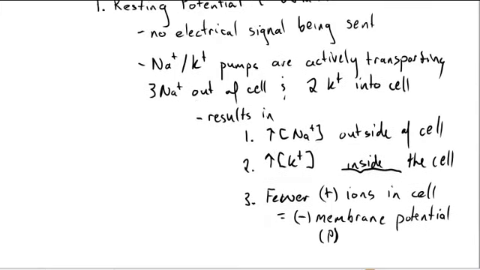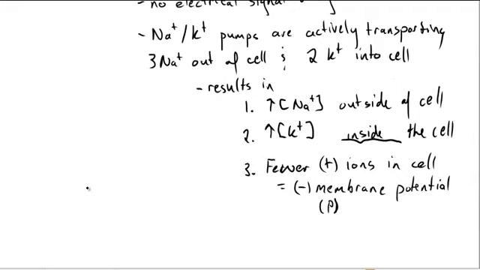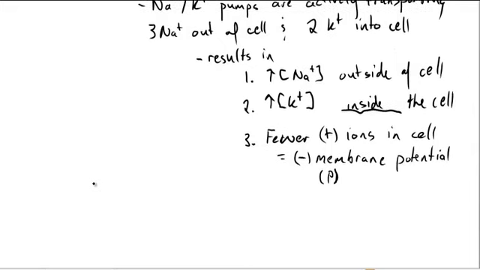So step one is to set up the resting potential. And the sodium-potassium pumps, once again, are working throughout all of these steps. We just don't concentrate on them in the second, third, fourth step. Okay? So in step two, this is called depolarization. We set up a polarity, a difference between one side of the cell and the other, and now we're going to change it, depolarization, or undo that difference.